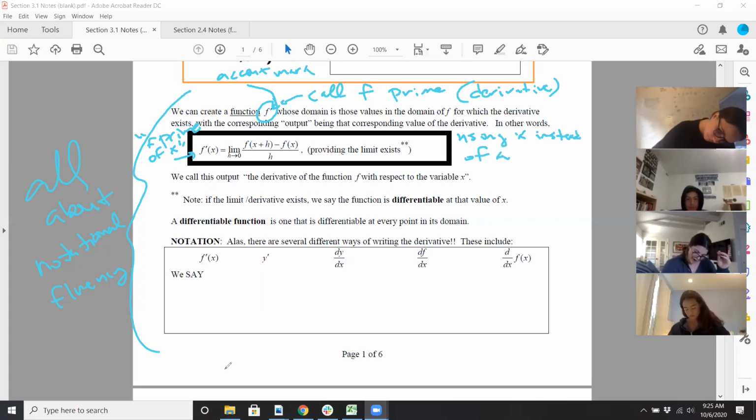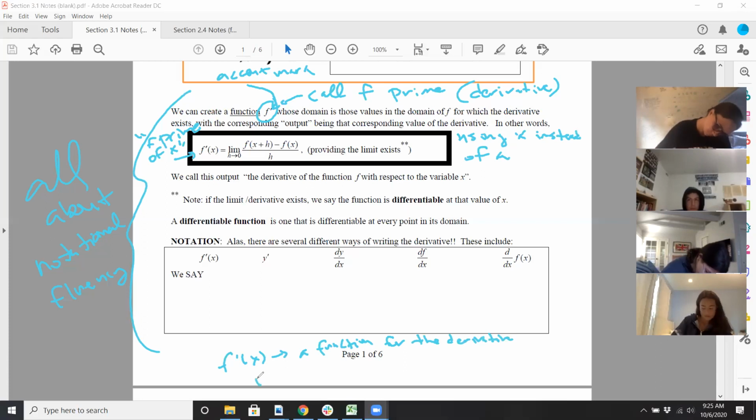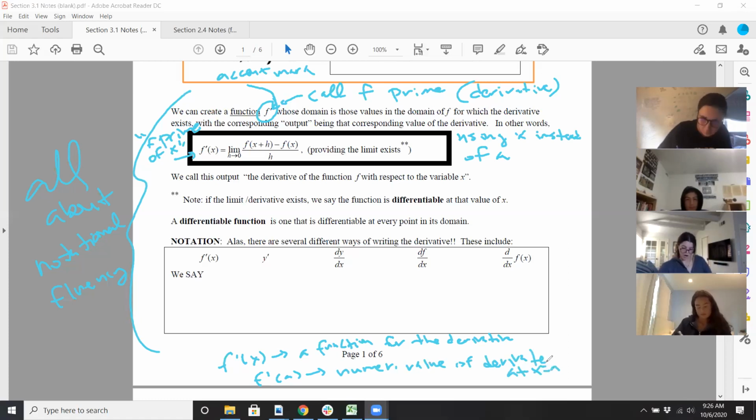So the difference is that f prime of x is a function for the derivative. f prime of a is the numerical value of the derivative at x equals a. So f prime of x is kind of a general function for the derivative.